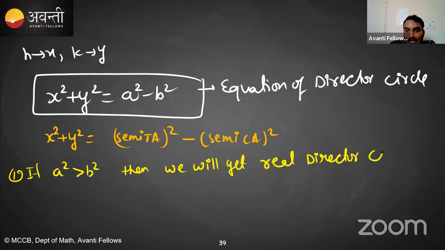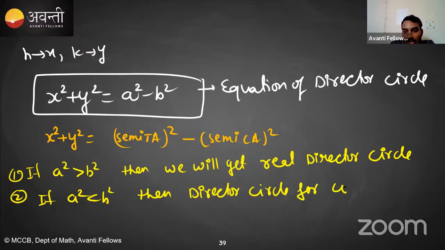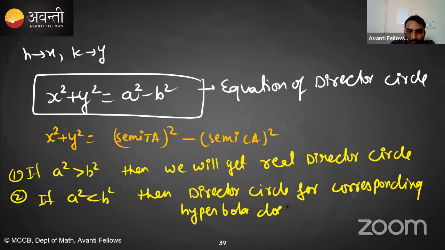Real director circle means in that case, for that hyperbola, the director circle will exist if a square is greater than b square. But if a square is less than b square, then the director circle for the corresponding hyperbola does not exist.